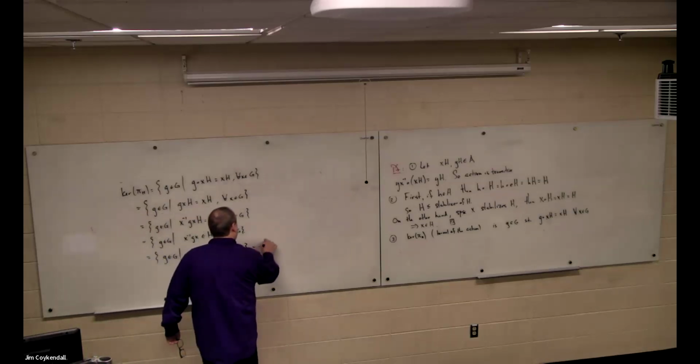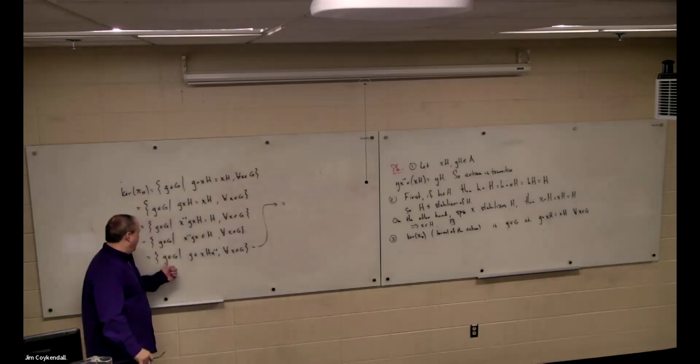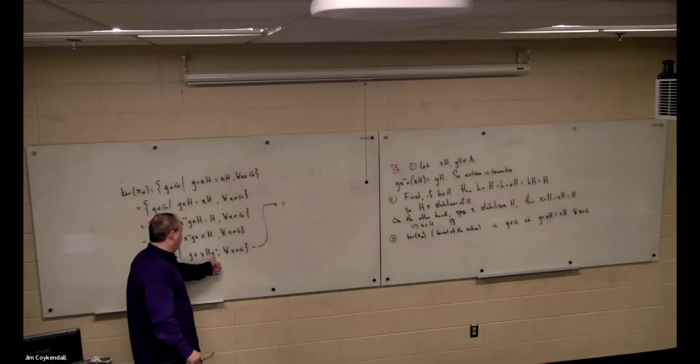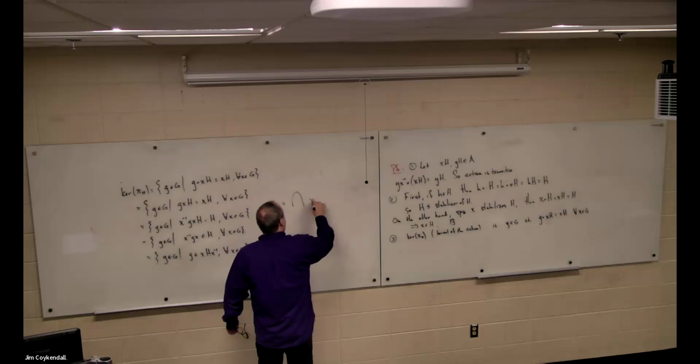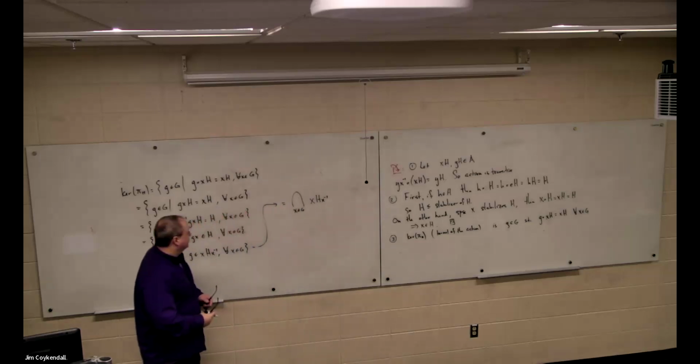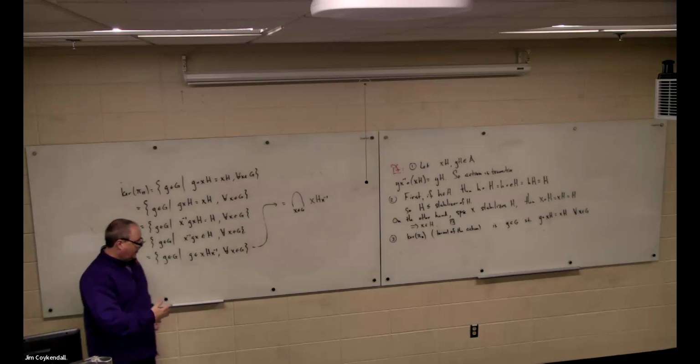So let's read what this says. It's everything in G that is in xHx inverse for every x in G. So this is the intersection of xHx inverse as x runs through all of G, which is precisely what we predicted here. So there is the kernel of the action.